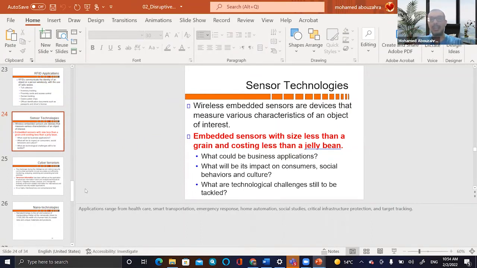So sensors are electronic devices or small electronic circuits that are embedded into devices to capture information and send it to a central system. Sensor technologies started in the military. The military wanted to have a better idea of the battleground, so they came up with these sensors that they sent to the battleground.